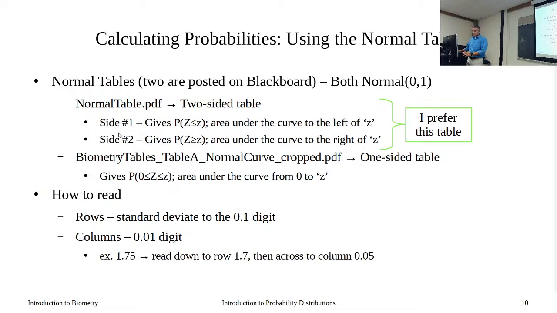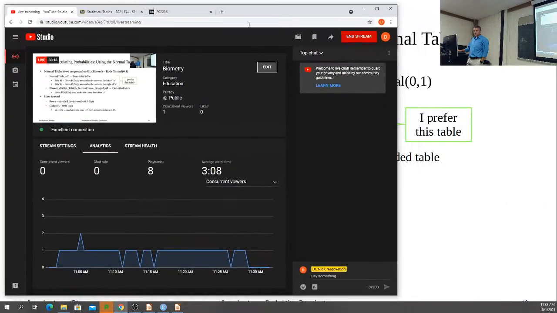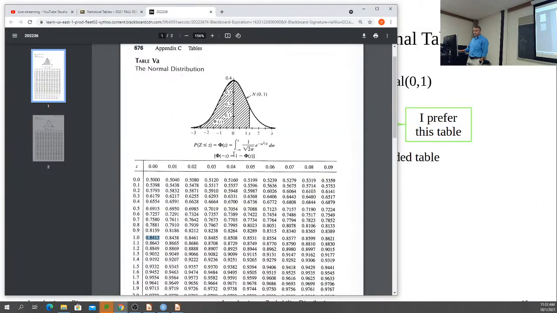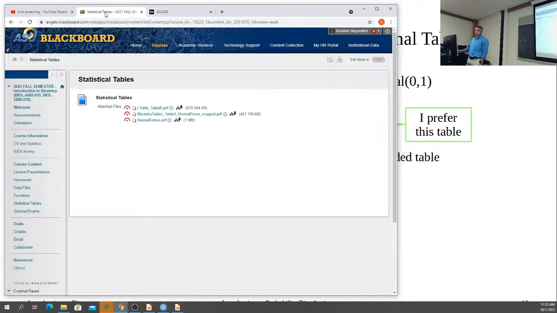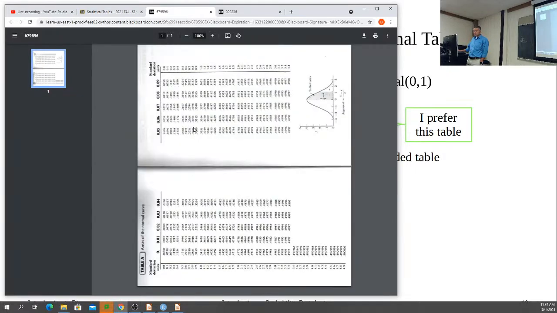All right, so how do we use the probabilities? First way is using our tables. Two of them are posted. I showed you one, and let me open up the second one. Here's the second one.